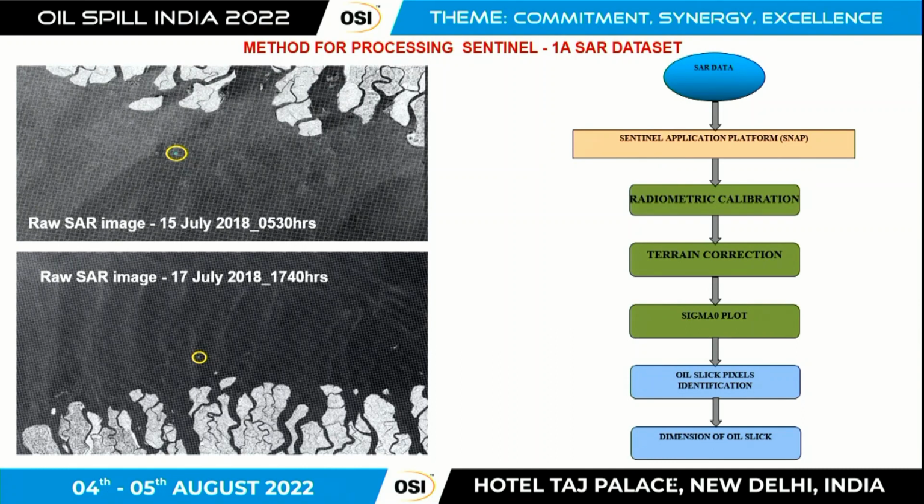After doing the radiometric calibration and terrain correction, you'll get the sigma naught plot. Sigma naught plot is nothing but the backscatter coefficient of that SAR data. From that, you can identify the oil slick pixels, or detect oil slick signatures. And here you can also estimate the dimension of the slick.